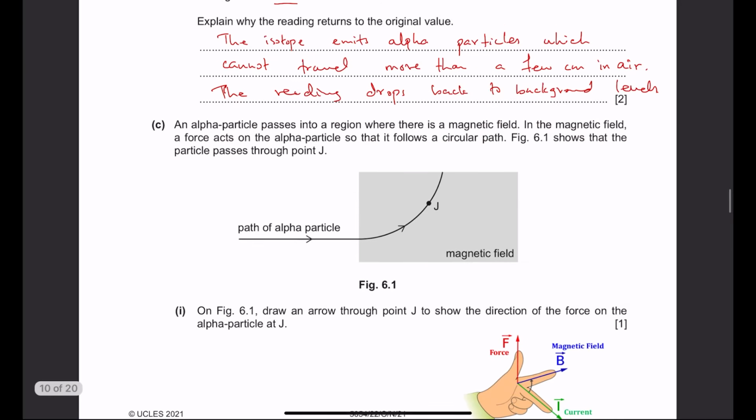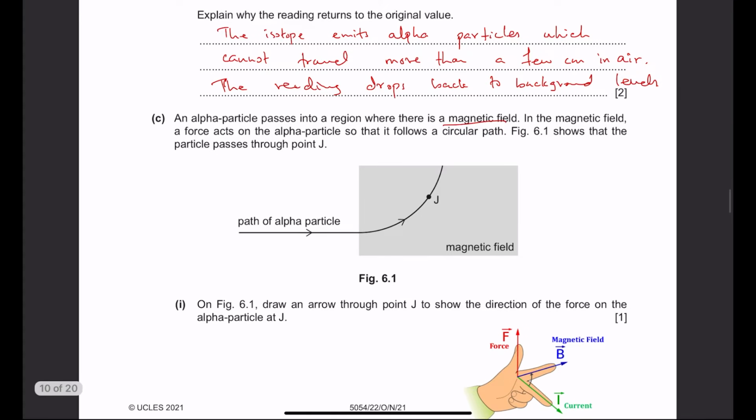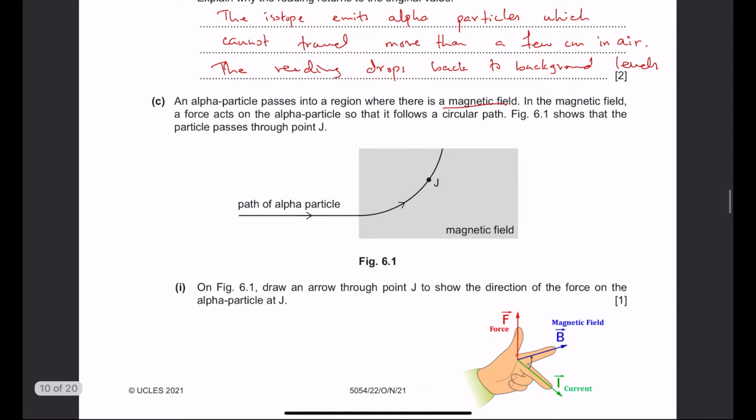Alright, now you're being shown an alpha particle which enters a magnetic field, and right now this magnetic field direction is not mentioned to us, and they're asking you at point J to show the direction of the force on the alpha particle. Now remember that an alpha particle is positively charged, so the flow of alpha particles is also the same as conventional current.